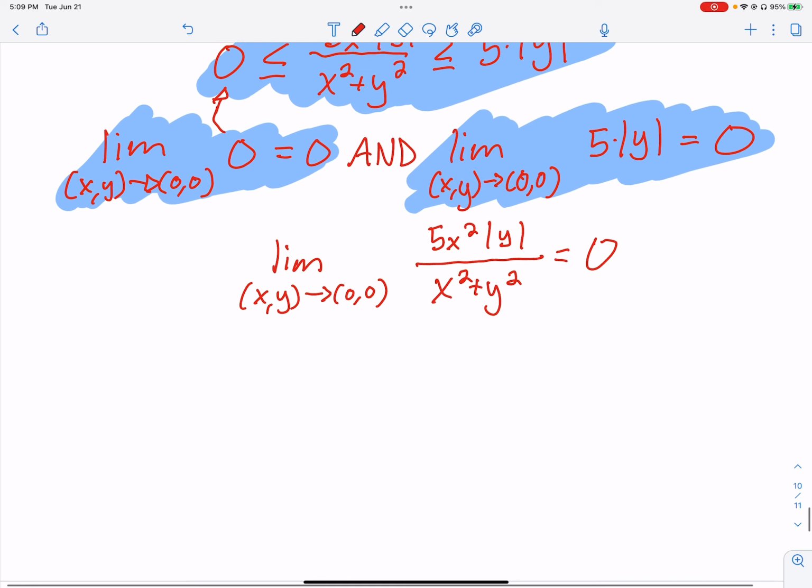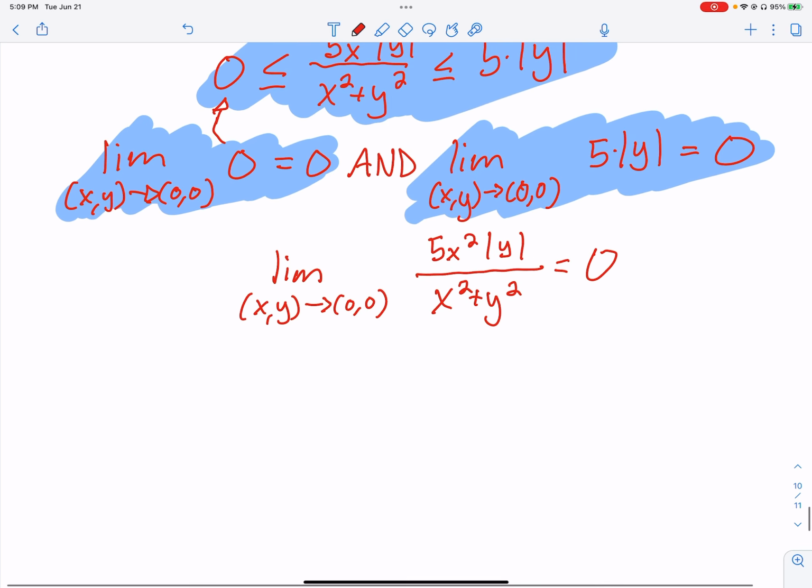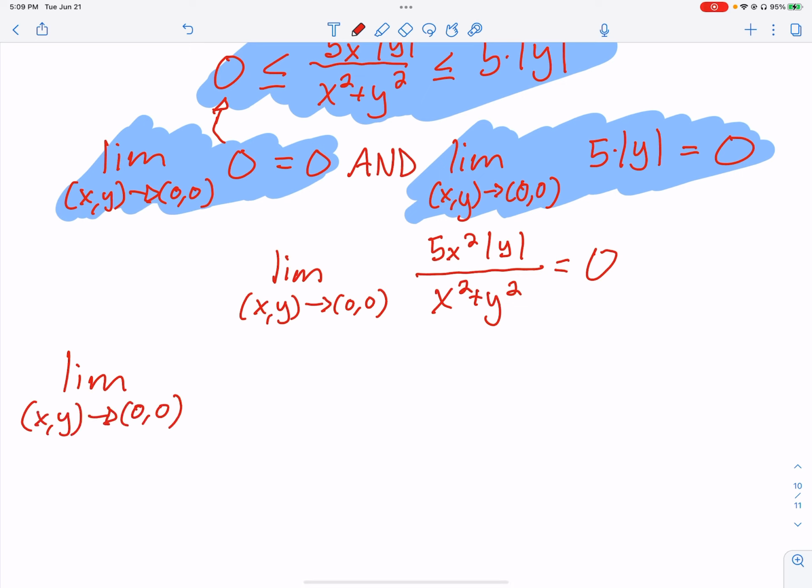Now, this is going to be a continuity thing. I can take that y and move it out, so it can become this. Nothing changes with that: x squared plus y squared.